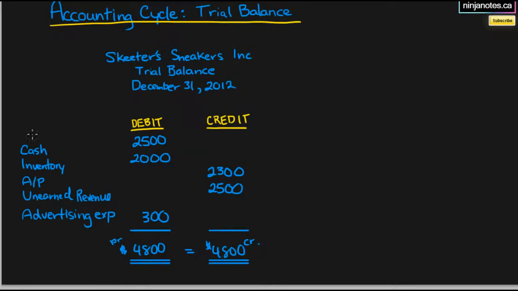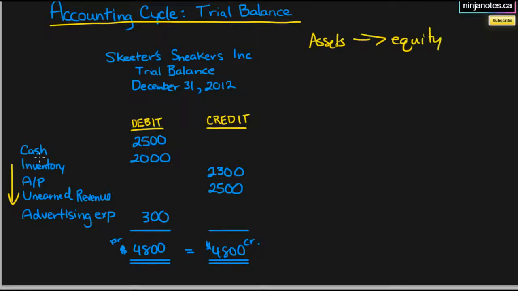Before I talk about the errors, I just wanted to note one thing. I think I went over this in one of the previous tutorials, but I'm going to go over it again, and that is the order in which we list these accounts is going to be assets to equity.